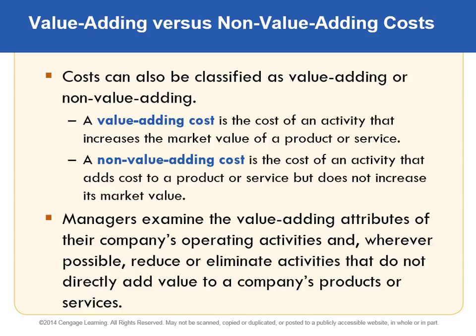So managers examine the value-adding attributes of their company's operating activities and, whenever possible, reduce or eliminate activities that do not directly add value to the product. So you're going to look at those value-adding things.